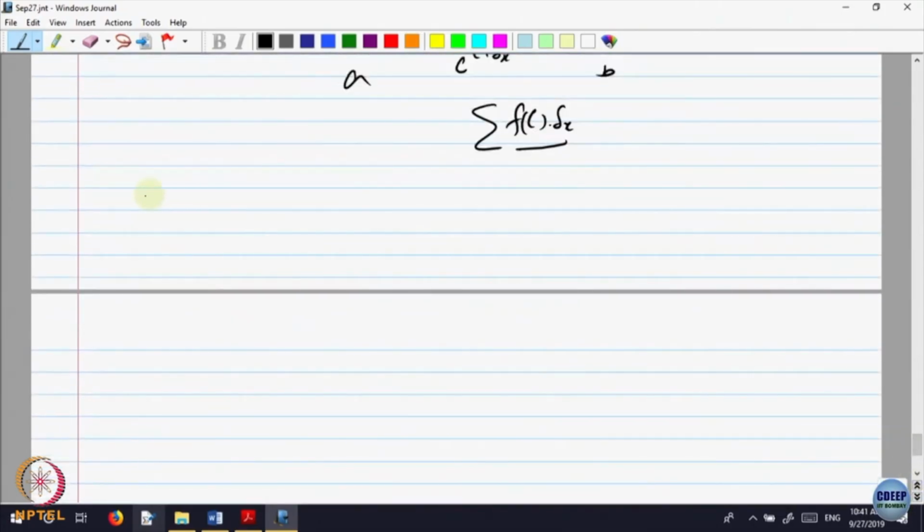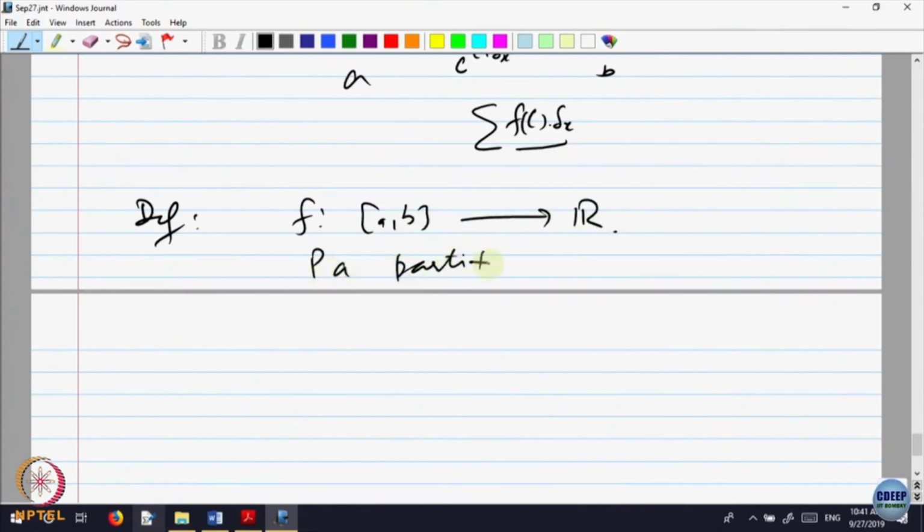Definition: f is a function on [a, b] to R. Let P be a partition x0 less than x1 less than ... less than xn equal to b.